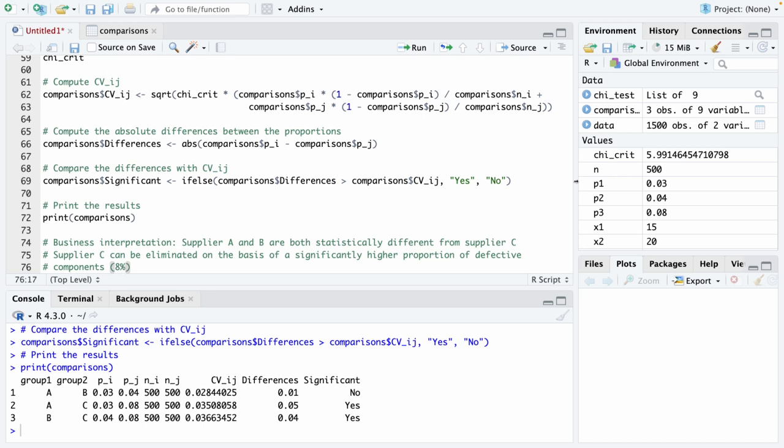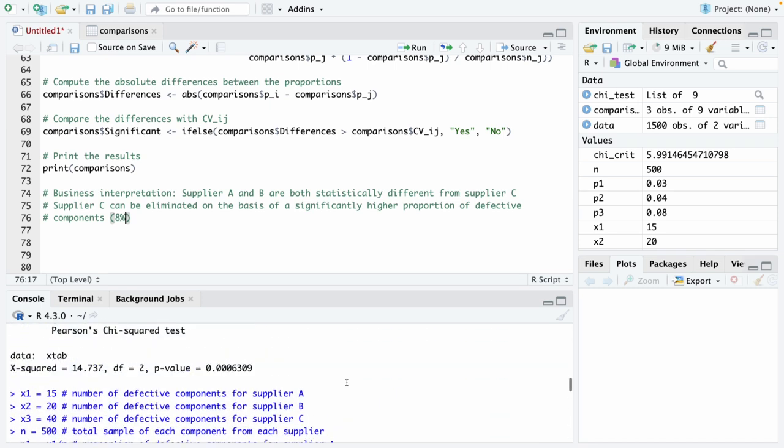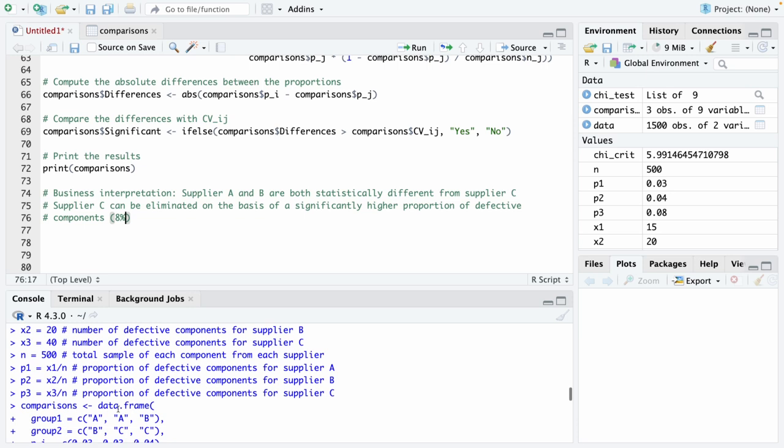So obviously, nobody will want to buy a product from a supplier who has poor quality, right? So in this case, let's look at the proportion we calculated here.